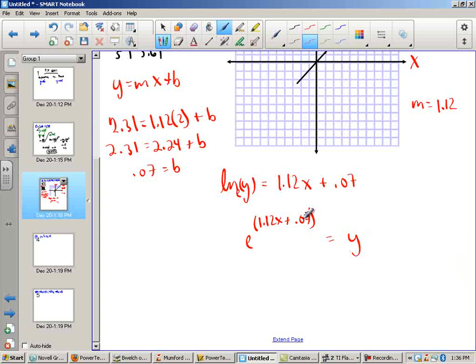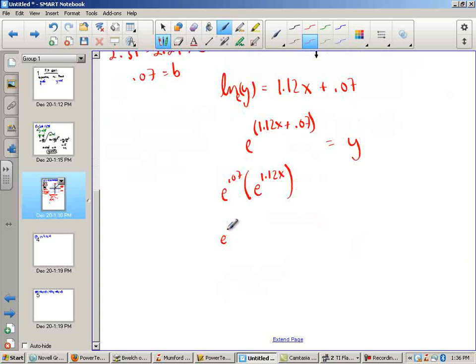And then I'm going to separate this into two pieces, okay? See, I'm going to have e to the 0.07 times e to the 1.12x, which is e to the 0.07 times e to the 1.12 raised to the x equals y.